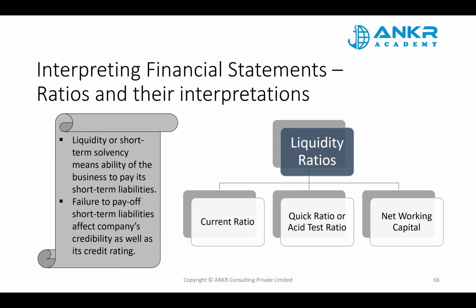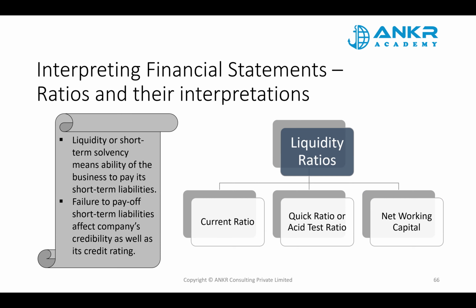In the recent past, we have seen a lot of banks going bankrupt and being sold, and one of the reasons was that they had some long-term assets but did not have liquidity to meet the short-term obligations.